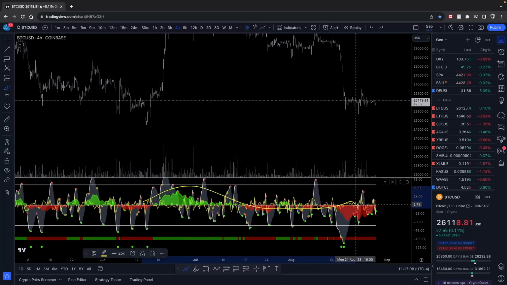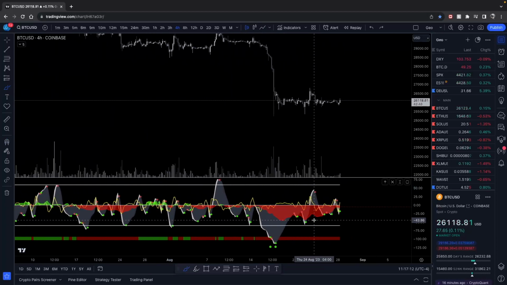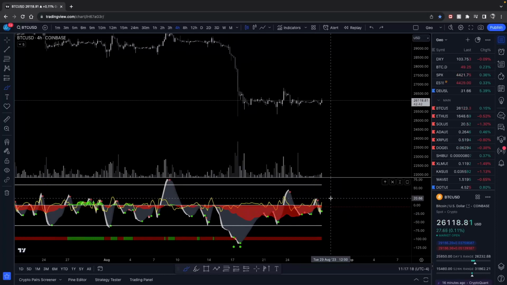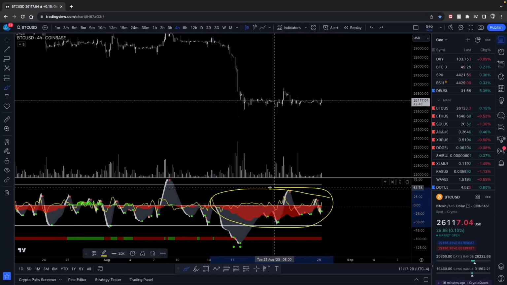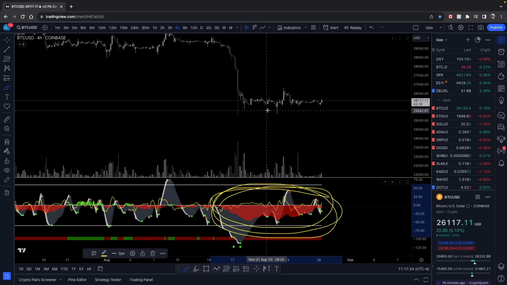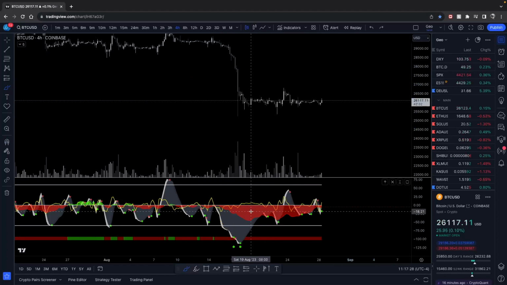That's how this oscillator works. That being said, we can find similar situations on Market Cipher B in the past and analyze how price reacted when Market Cipher B looked a certain way.